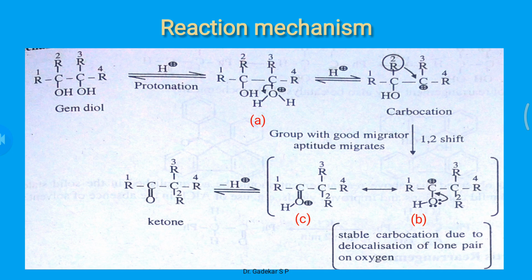Compound B and compound C are the intermediates. The oxygen donates electrons to stabilize the carbocation to form intermediate C, and then loss of a proton forms the ketone.